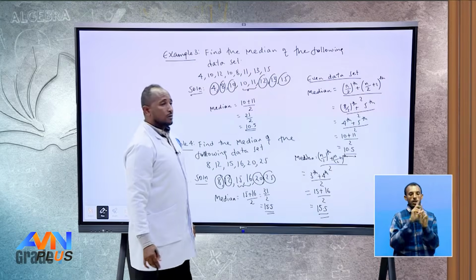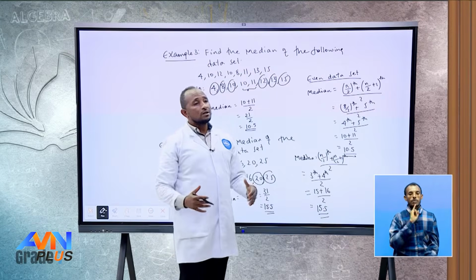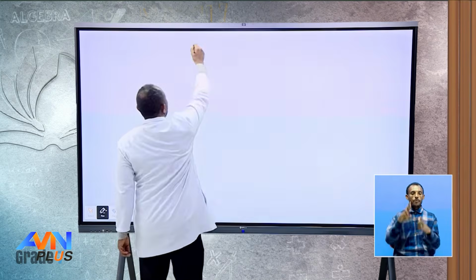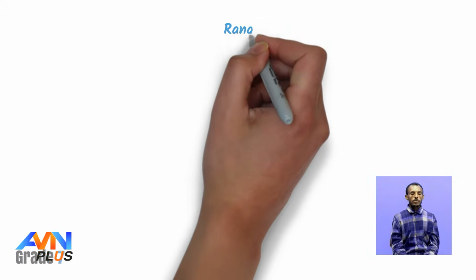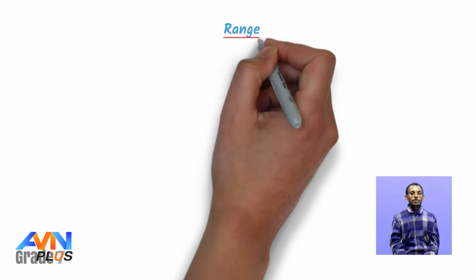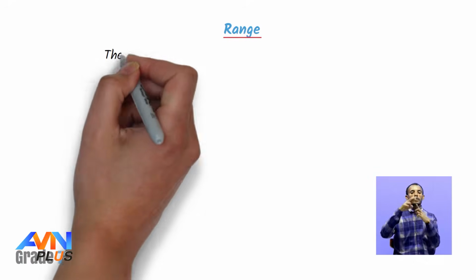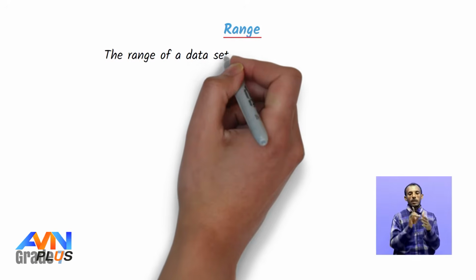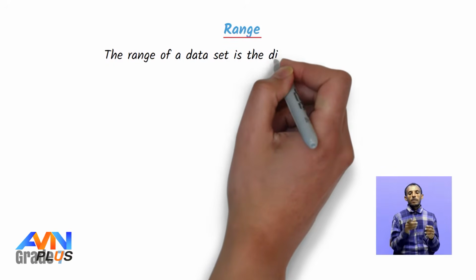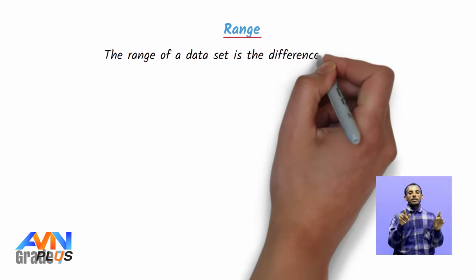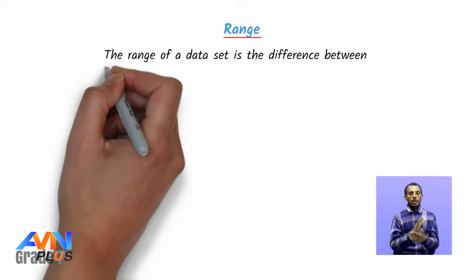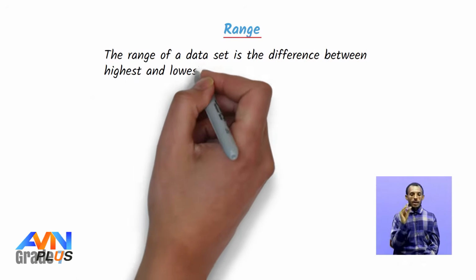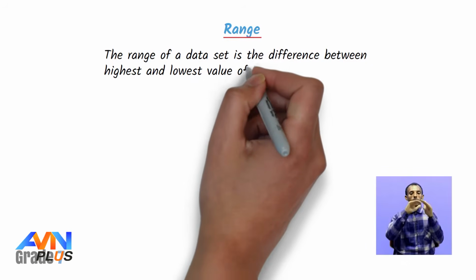That's it. Now, the last concept is calculating the range of a data set. Range. The range of a data set is the difference between the highest and lowest value of the data set.